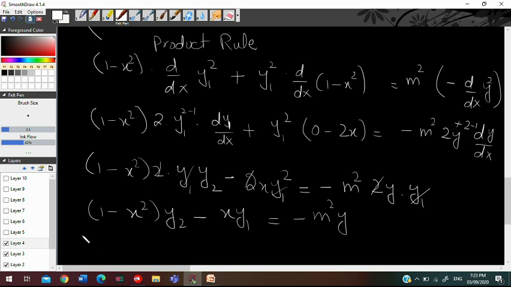When you arrange all the terms, it becomes (1 − x²) y2 − x y1 + m² y = 0. This is what you have to prove, and this is the result of your question.